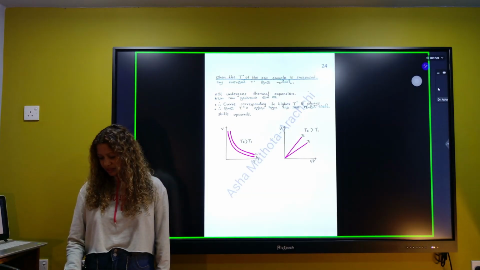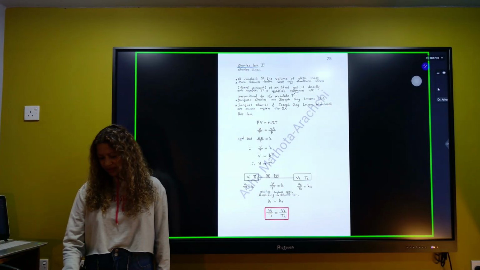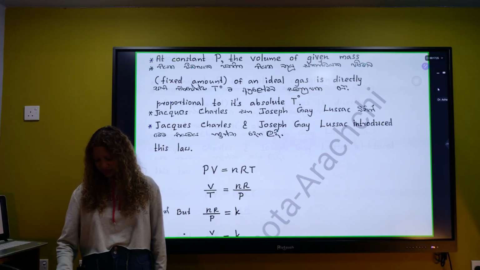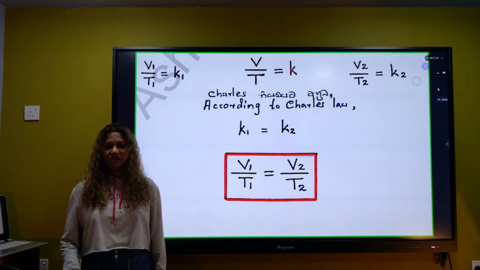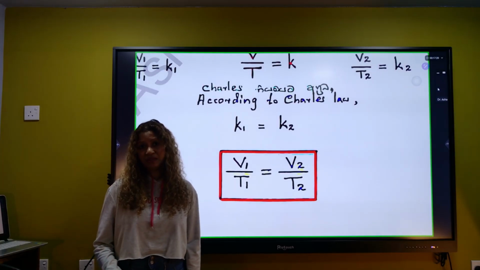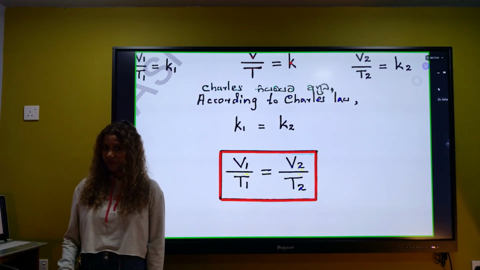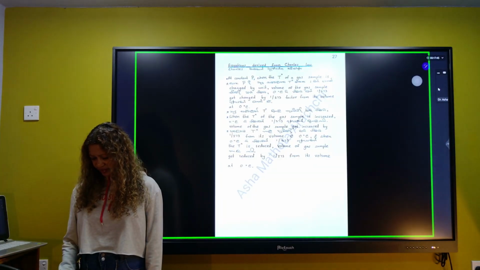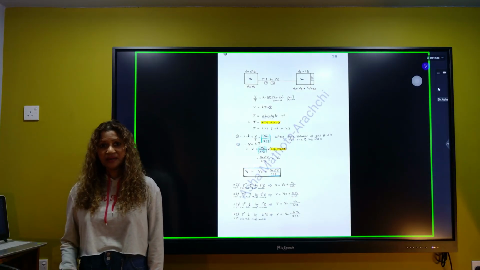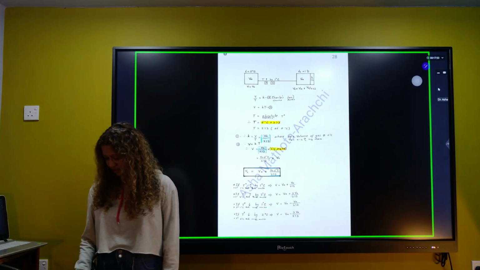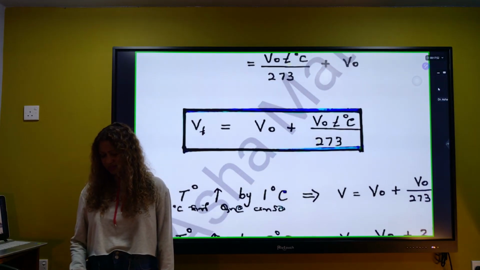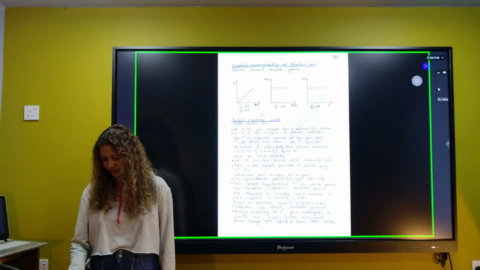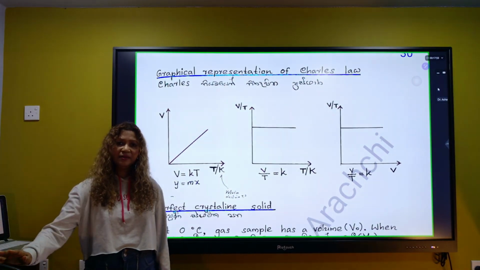Then we moved on to Charles' law. Charles' law is the one where, when the pressure is constant, volume and temperature have a direct relationship. So the volume ratio is supposed to be equal to the temperature ratio when pressure is constant. To understand that, we did questions, and also we had other equations derived from Charles' law. We also did a couple of graphs again.